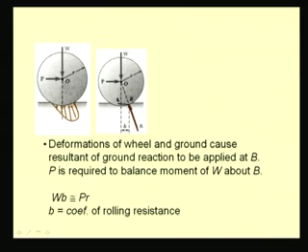But for small deformation, we can say that this distance OA is equal to the radius of the wheel itself. So, this is approximately equal to P times R.